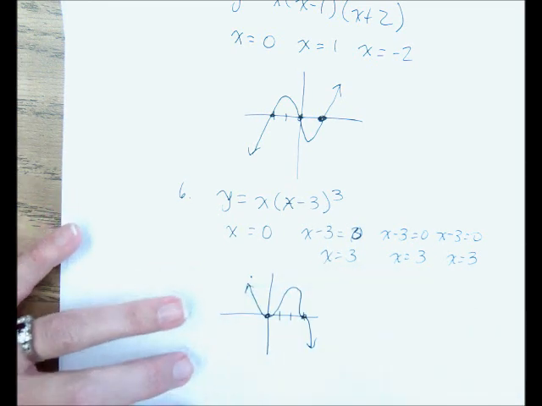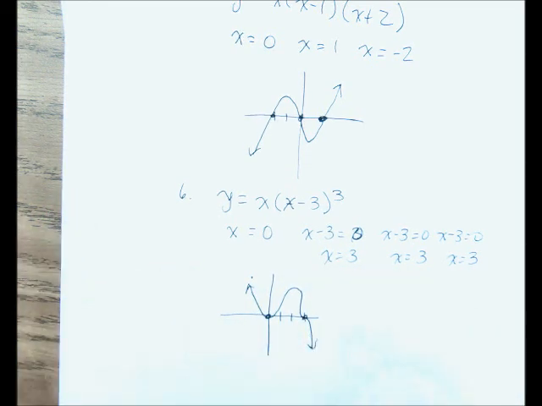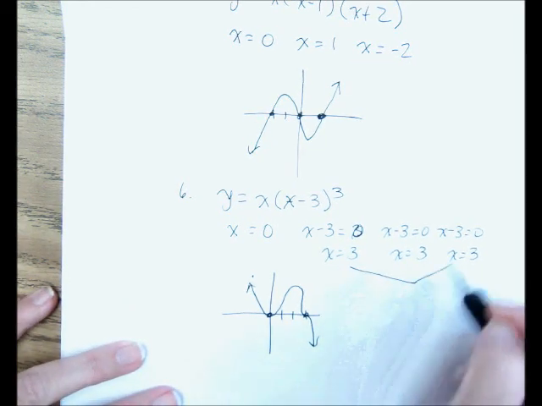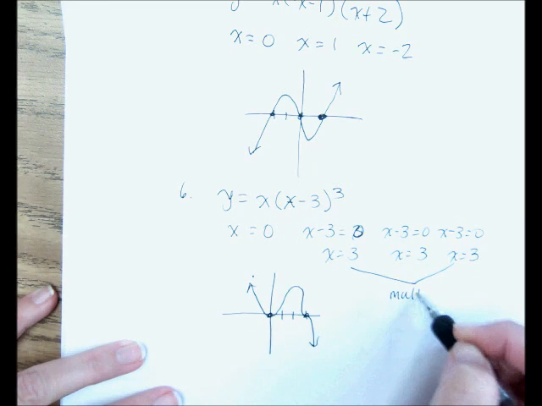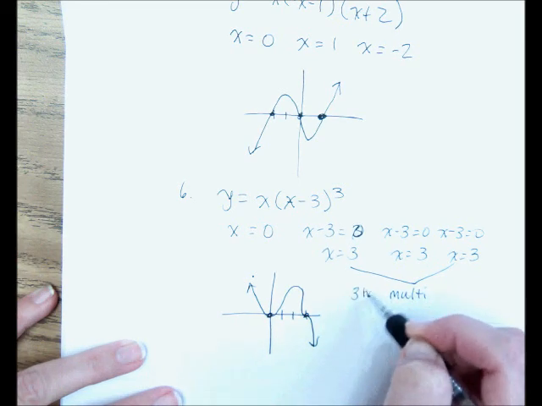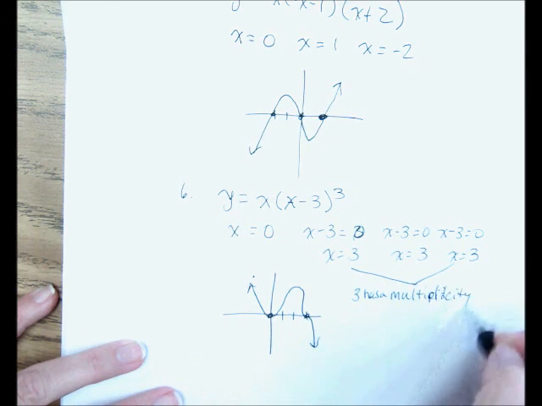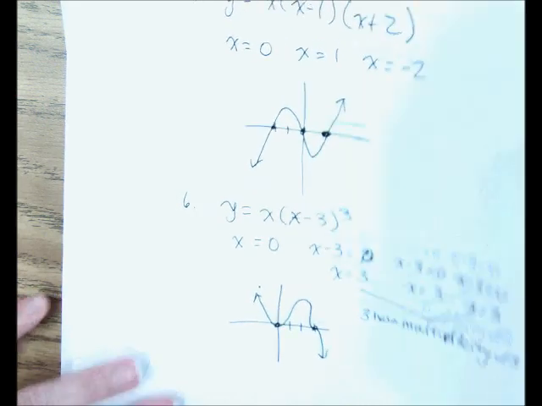And the squiggle there tells me that I have that root 3 times, or it has a multiplicity of 3. So that kind of helps that situation.